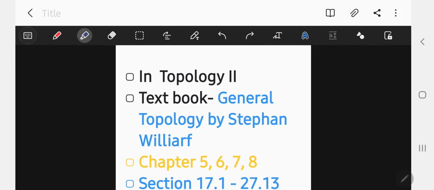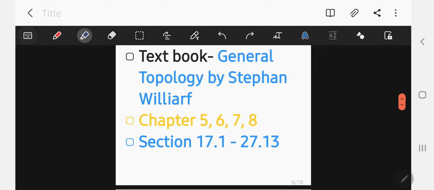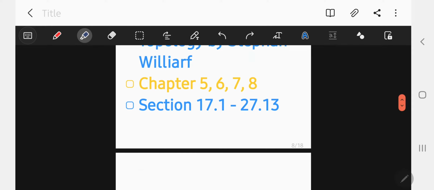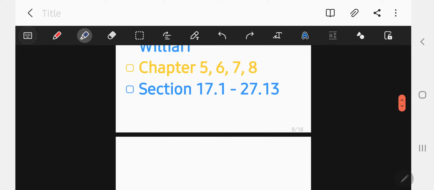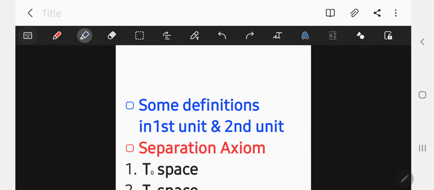In this my paper Topology second, we use the textbook General Topology by Stephen Willard, and in this book we have chapters 5th, 6th, 7 and 8, and sections from 17.1 to 27.13. Let us start the syllabus of our paper.